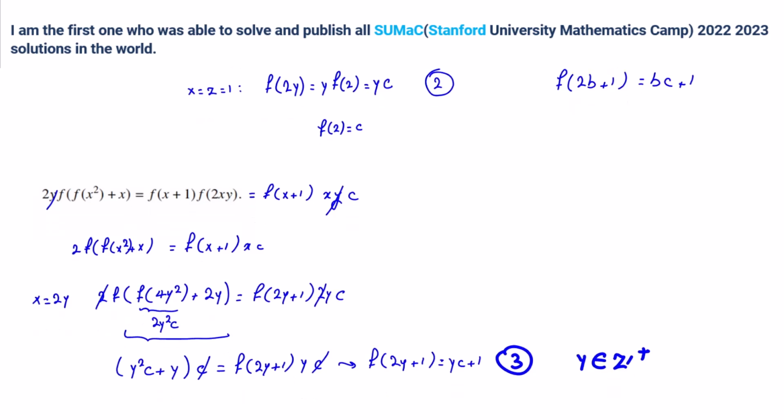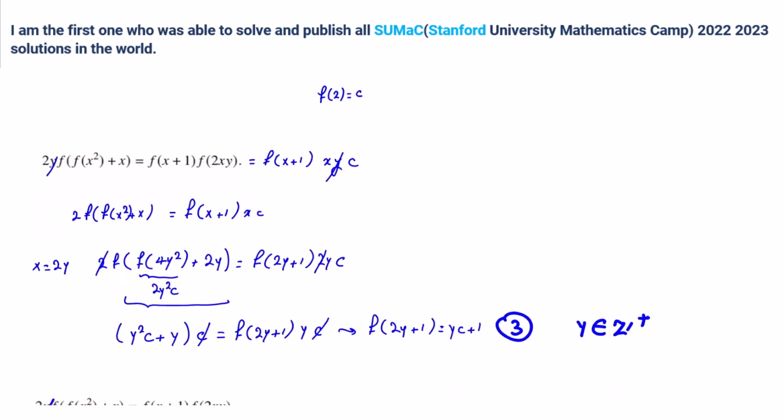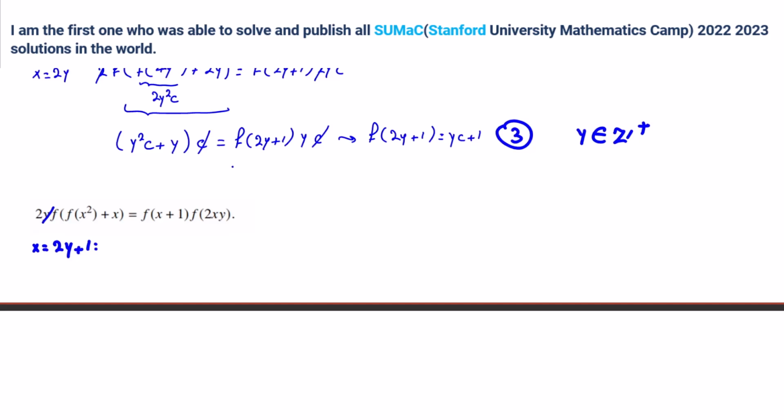So f of 2xy, this one. When we cancel 2y, how can we? We said x is 2y. So here you can cancel y, and here it is xyc. It is xc, right?